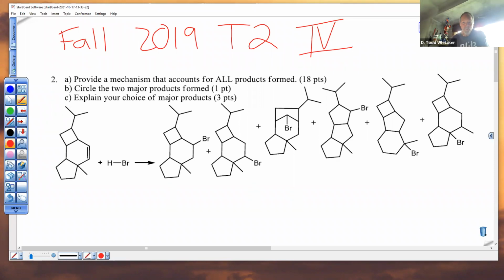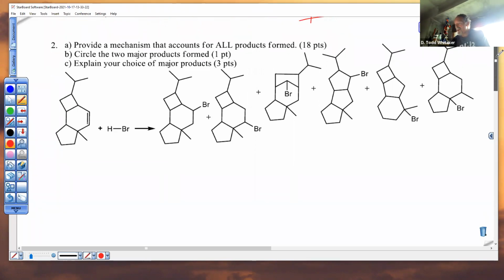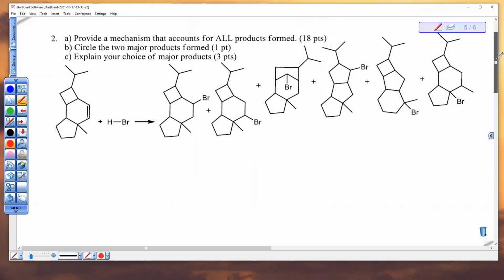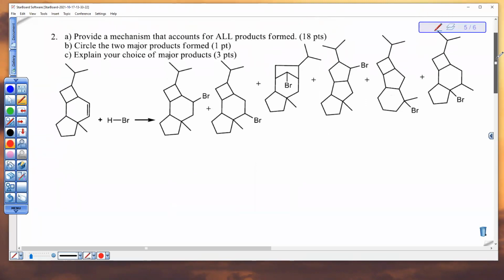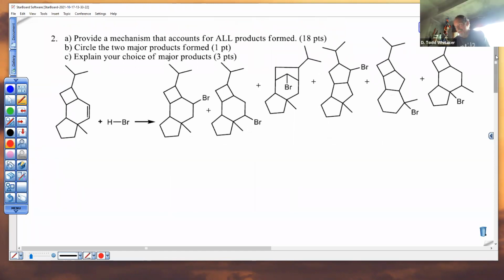Here's a different approach. You want a nice way to get 6 points off the bat without even thinking about mechanisms? That's not a bad deal. I'm going to copy each of these molecules without the Br right below each molecule. And I'm going to put a cation on the carbon where the Br is supposed to be. 6 points.